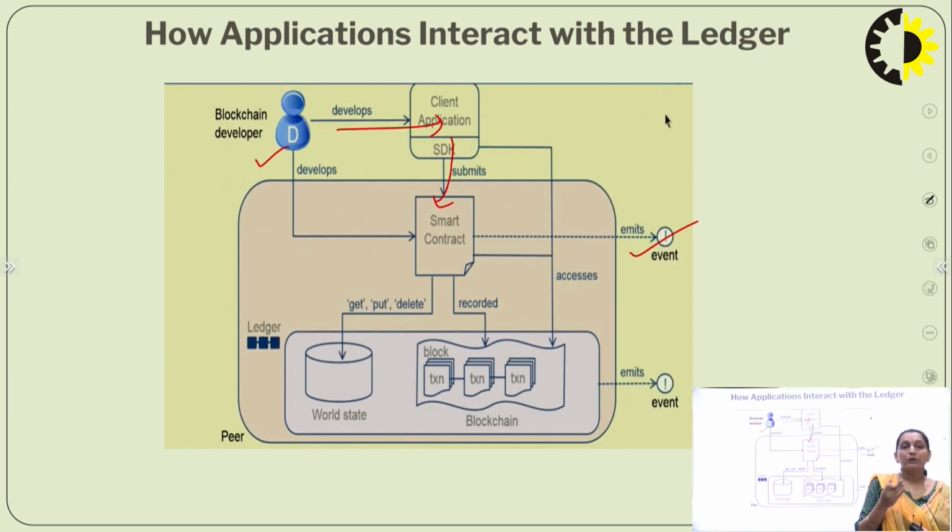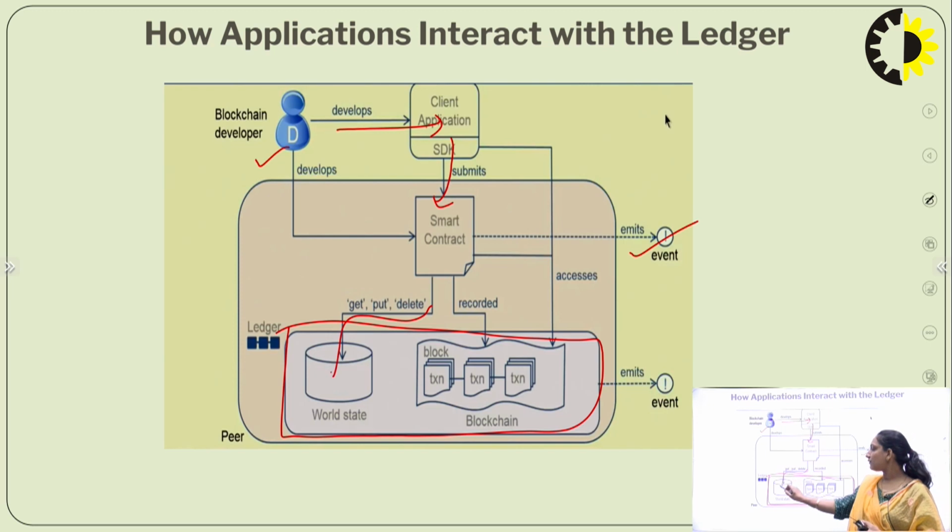That is where the blockchain comes into the picture. We have a world state which holds all these put and other operations, and we also have a record, because all transactions have to be recorded. That creates the blocks of the blockchain. That is the work of the blockchain here.